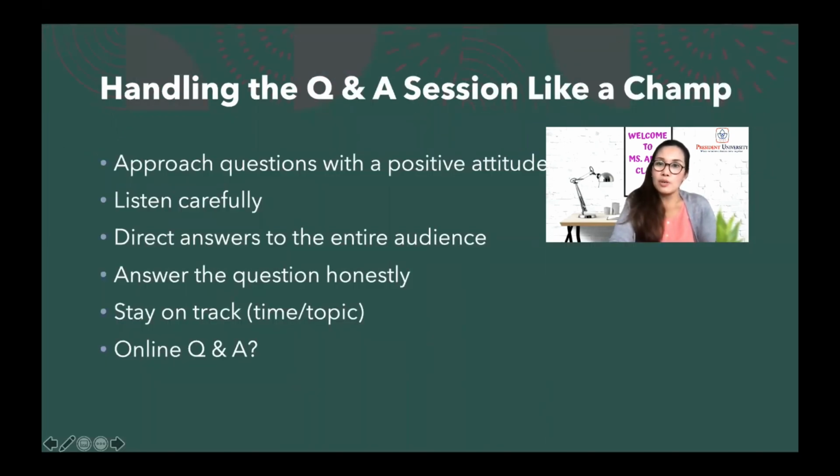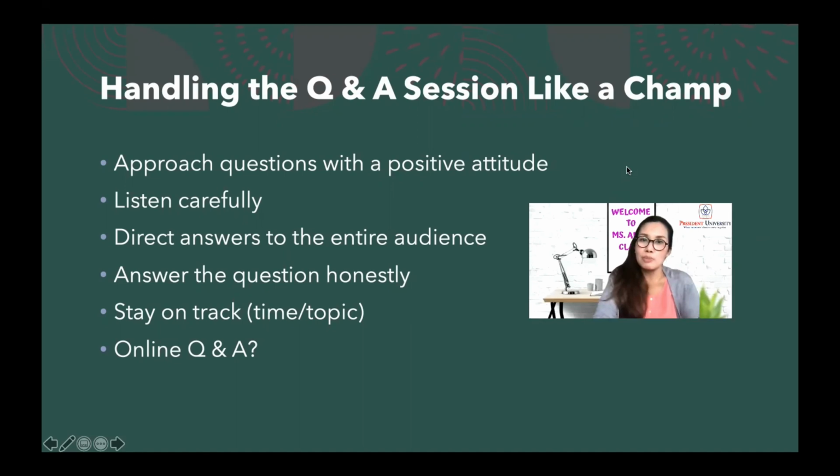Now we know that in a formal speech, usually we're going to have a question and answer session at the end of our public speaking activity. So, how to handle the Q&A section like a champ? The first one is you need to approach questions with a positive, always positive attitude.